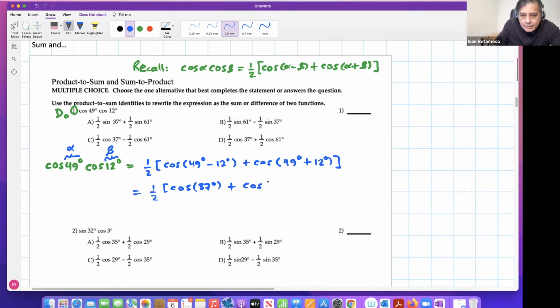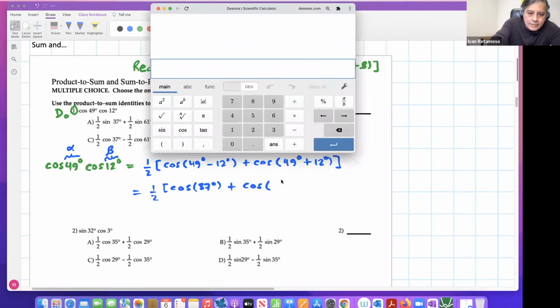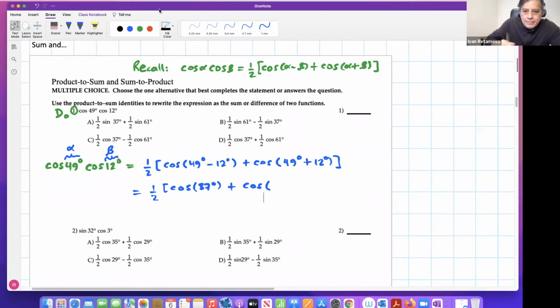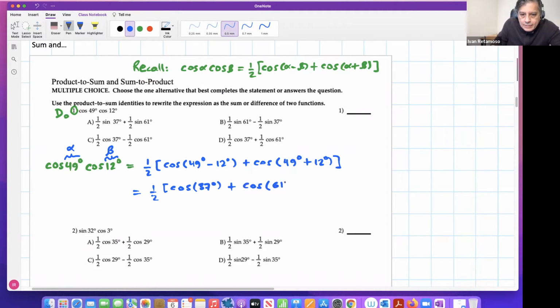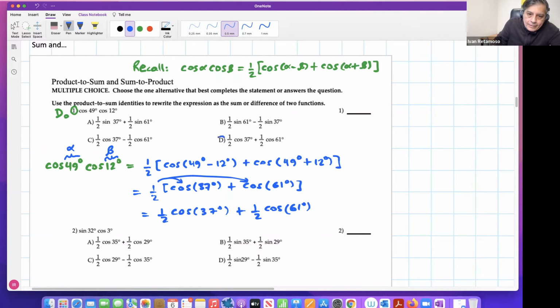Plus cosine of 49 degrees plus 12 degrees, which is 61 degrees. And then just distribute the multiplication of 1/2. That's all you have to do, guys. 1/2 of cosine of 37 degrees plus 1/2 of cosine of 61 degrees. And this tells us that the answer is just this. Follow, guys? Very good.